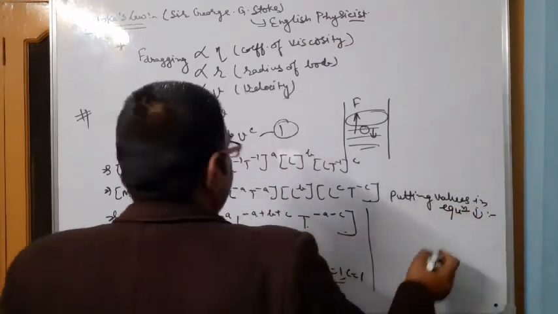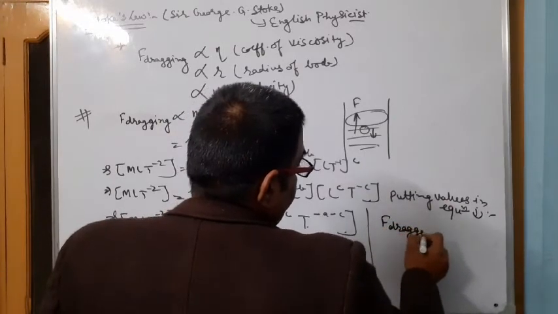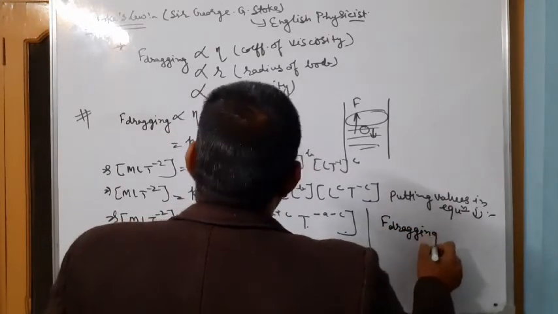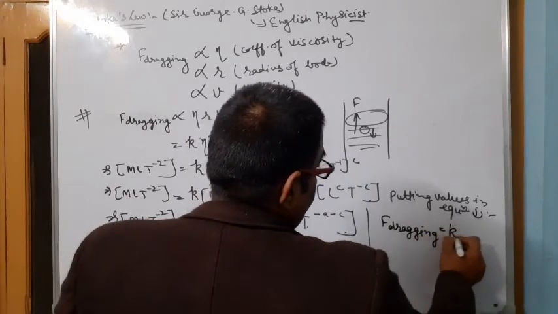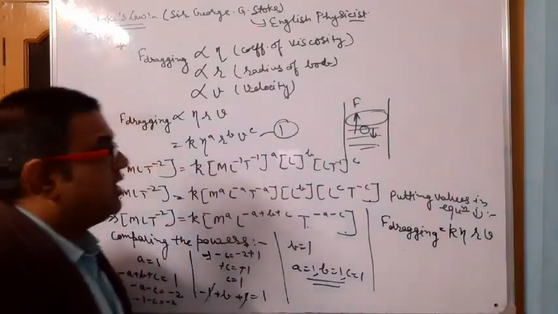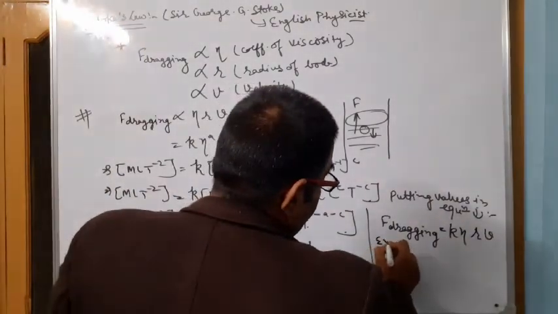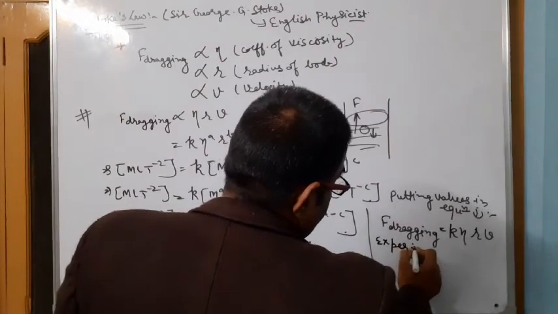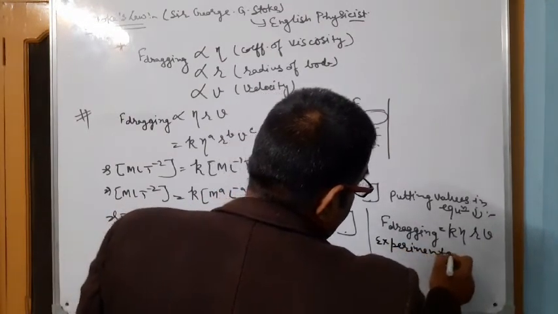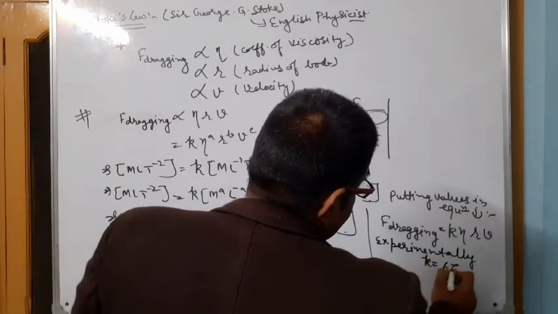So what do we get? F dragging is equal to k eta r v, and experimentally it was observed that the value of k will be 6 pi.